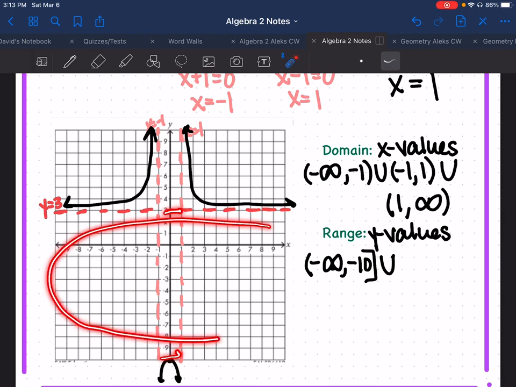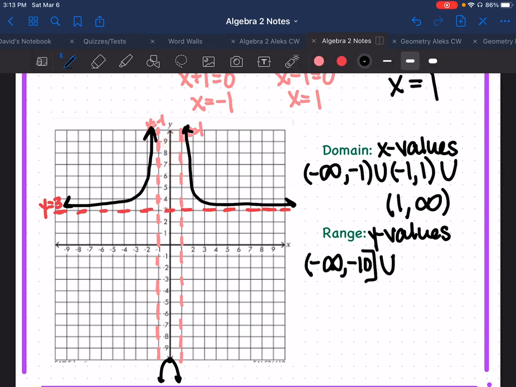There is nothing in this graph right here. Okay, the graph starts here at 3 and goes to positive infinity. Oh, sorry, not negative 3, positive 3 to positive infinity. Ooh, I wouldn't have known that unless I looked at the graph.